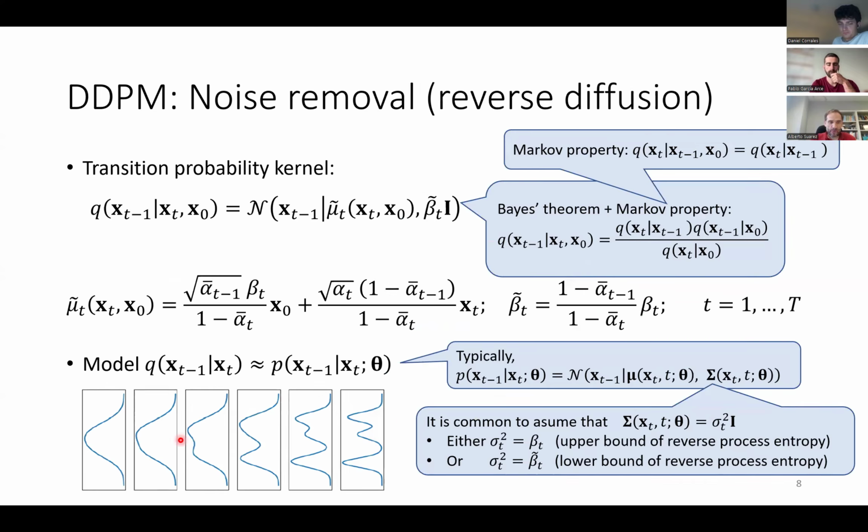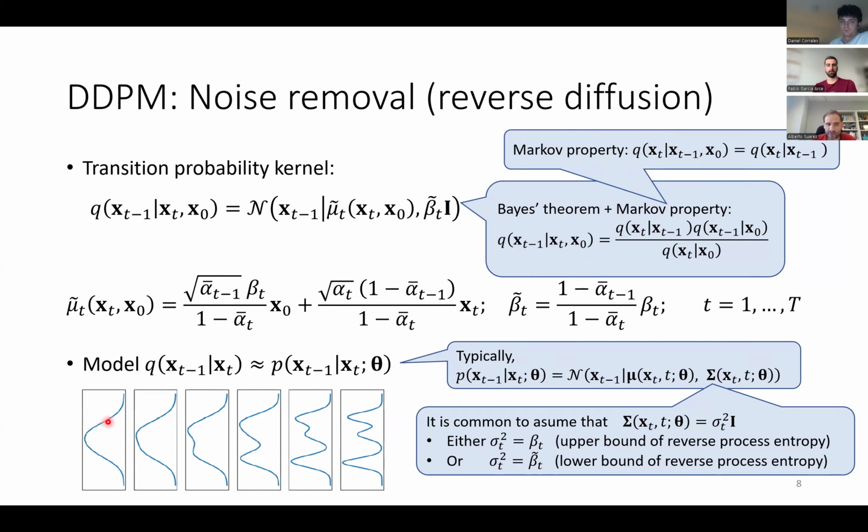To reverse the diffusion, again, these are one-dimensional images with a single pixel. If you generate images in this space, most images would be gray, right? Because that's the mode of this Gaussian. Some will be rather dark, but not very frequently because you are at the tail, or very bright. Most of them will be gray in the middle here, and the idea is that you are trying to apply a process that goes back to the original one.